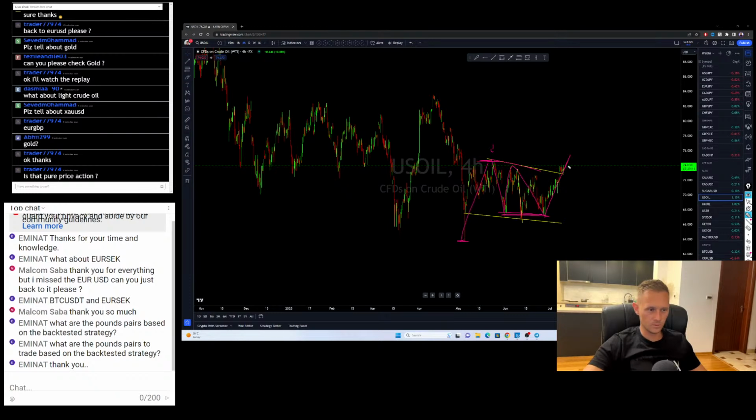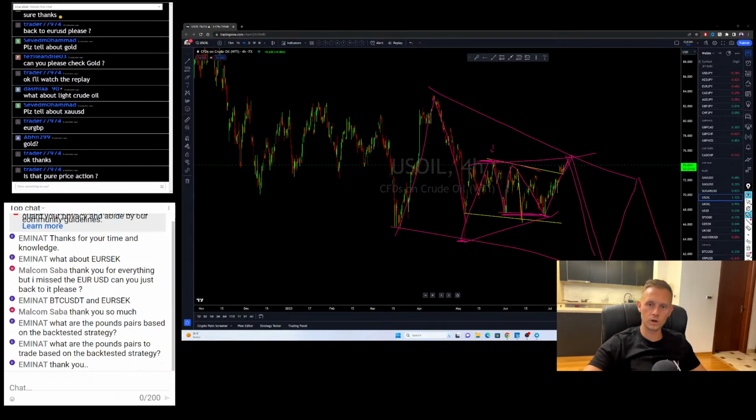So it can go a little bit more, and then this will become one corrective structure for more downside, which will repeat this movement over there, and then we will get the running flat, and then again one more downside. So a pretty complex structure. US oil has a really complex structure as it stands right now, based on the pattern and the candles we have already.